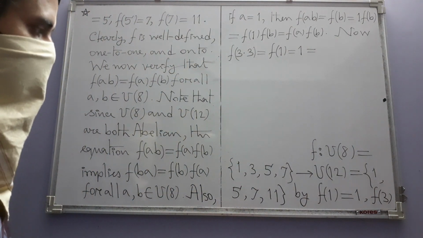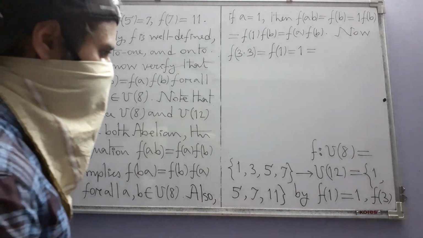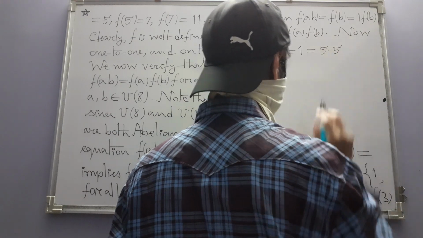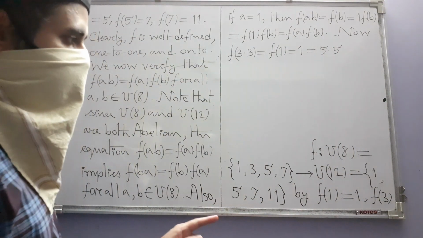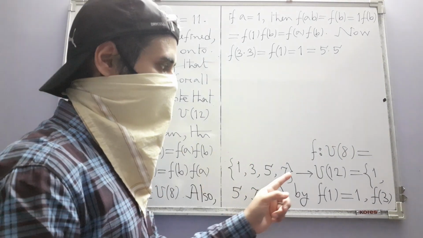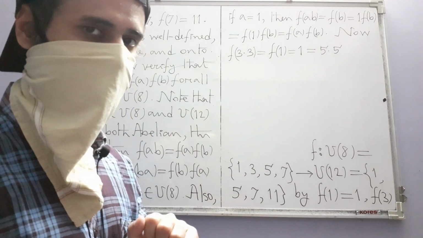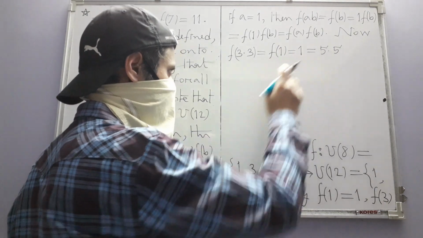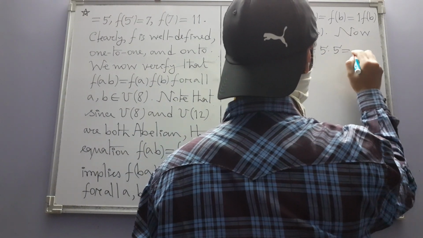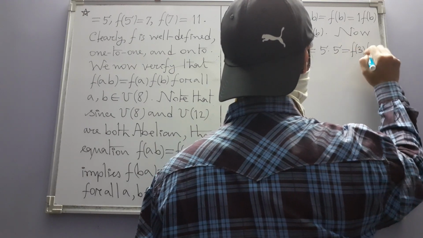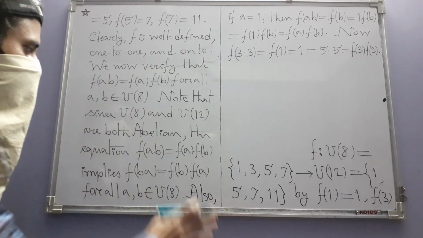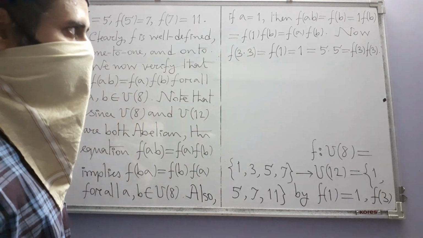But 1 is also equal to 5 times 5 in U12, because in U12 ordinarily 5 times 5 is 25, but when we divide 25 by 12, the remainder is 1, and that remainder is of course our final result. So we have 5 times 5 here, but 5 is just f of 3. So that's how we have our equation when A and B are both 3.